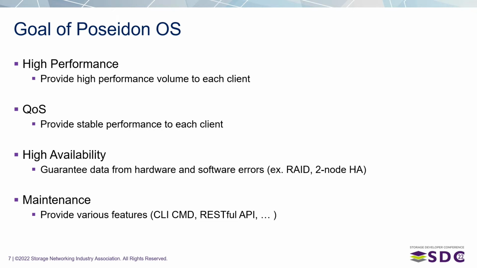It eliminates single points of failure to ensure continuous operations. Currently, it supports 2-node high availability, and data is guaranteed even from software or hardware errors. The maintenance of POS is done using CLI commands, as we saw earlier. There is a CLI interface available, and the maintenance can also be done using RESTful APIs.